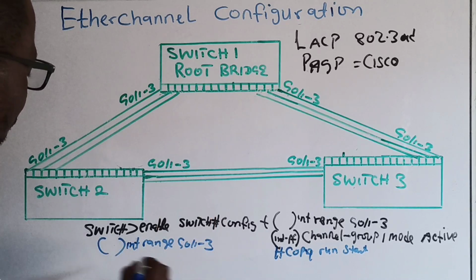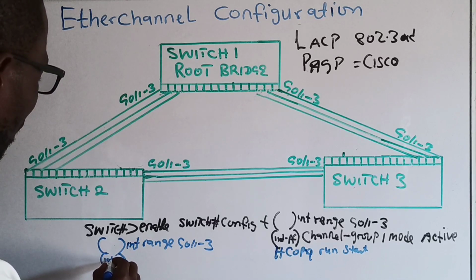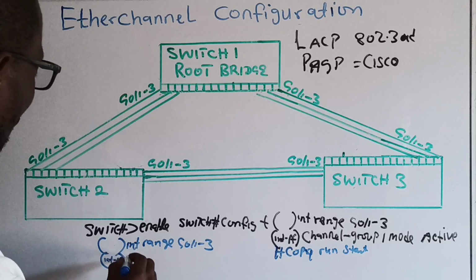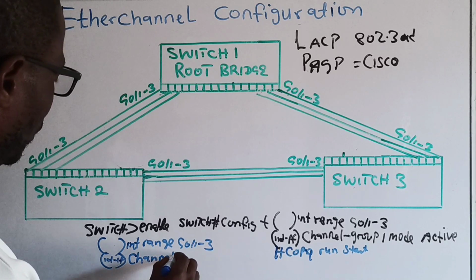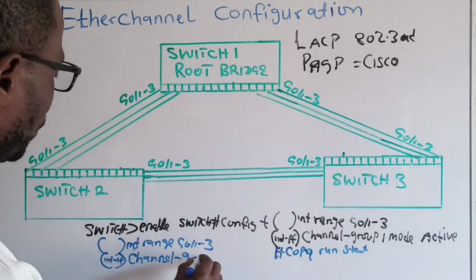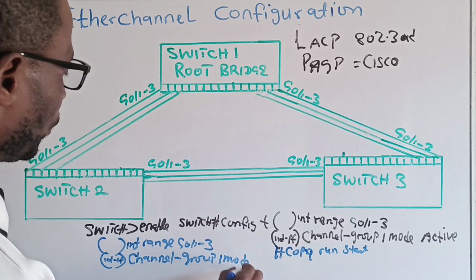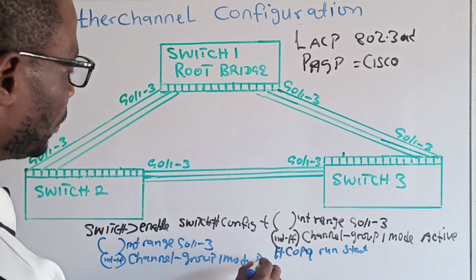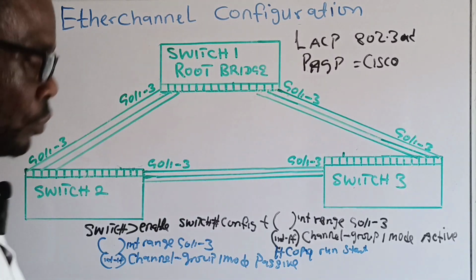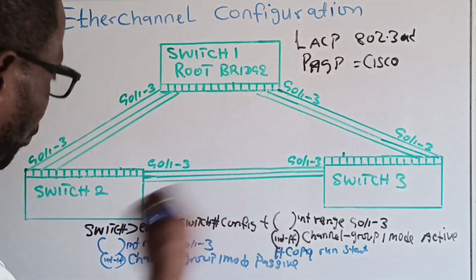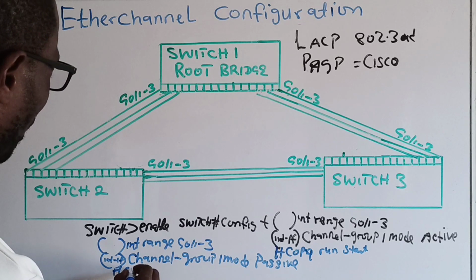You hit enter. You're now in interface configuration mode, interface if. Now you put channel-group 1 mode passive. One side is active and one side is passive. You hit enter, you put exit to come back to privilege mode and put copy run start.